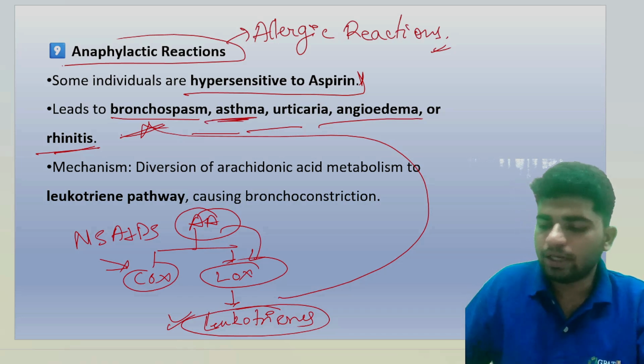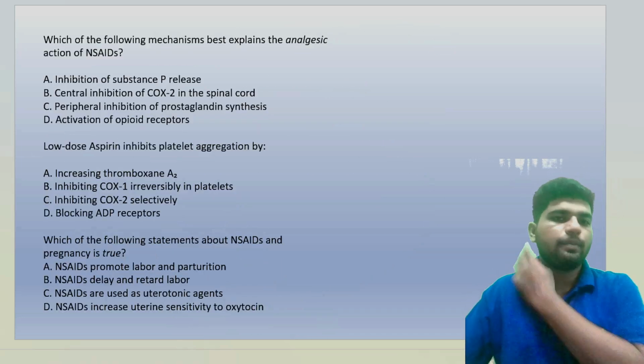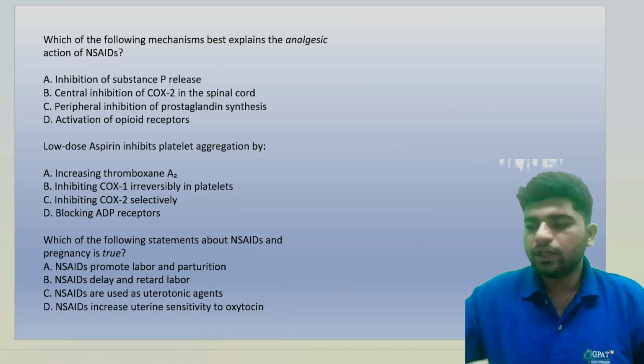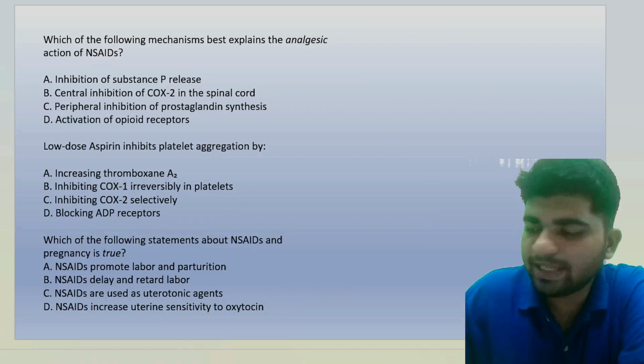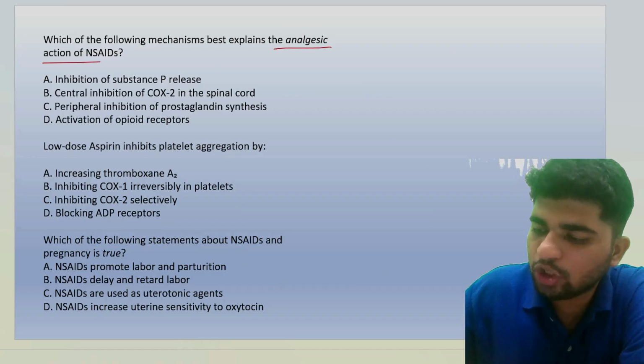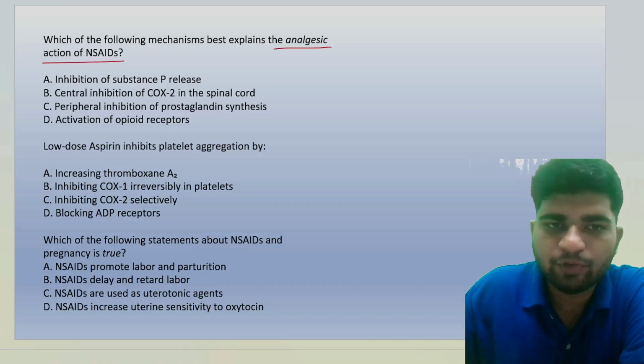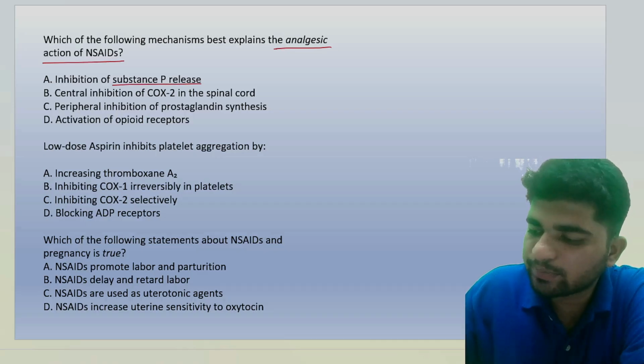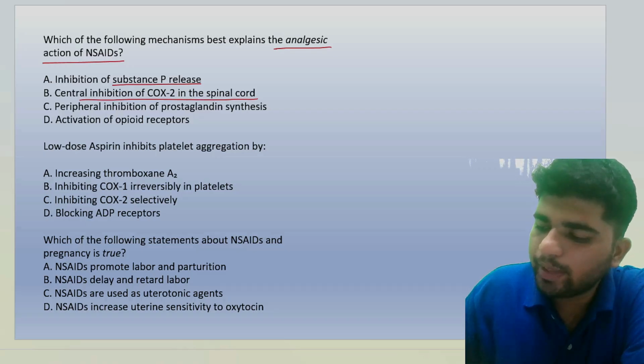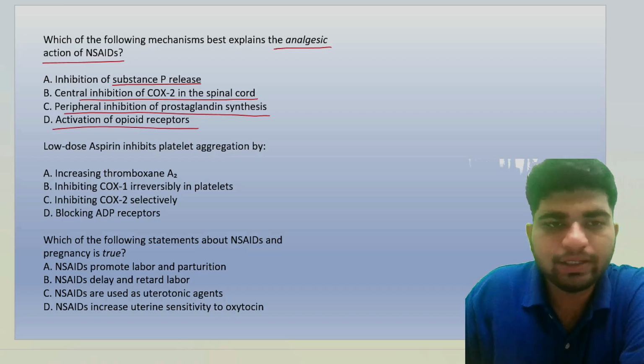All right. So now let's move on to the MCQs part. The first question is, which of the following mechanisms best explains the analgesic actions of NSAIDs? Inhibition of substance P, central inhibition of COX-2 in the spinal cord, peripheral inhibition of prostaglandin synthesis, or activation of opioid receptors.